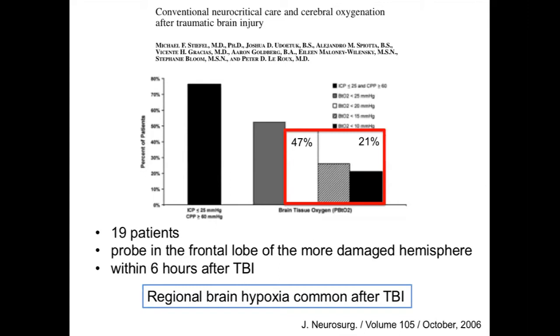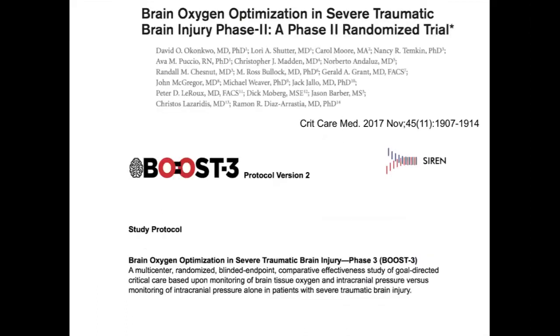If there is an association between hypoxia and bad outcome, it makes sense to start treating hypoxia. And 3 years ago, there was the BOOST phase 2 trial showing safety and non-futility. So it is worth investigating an approach aimed at treating hypoxia.